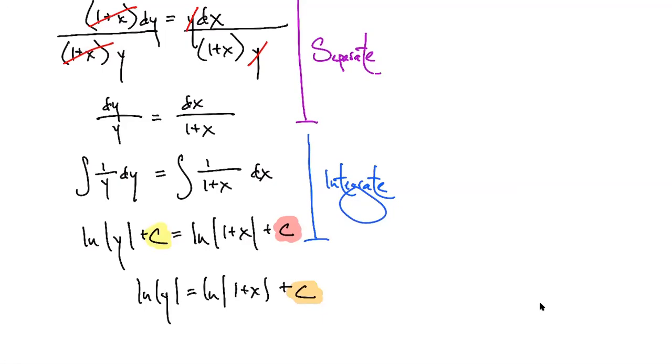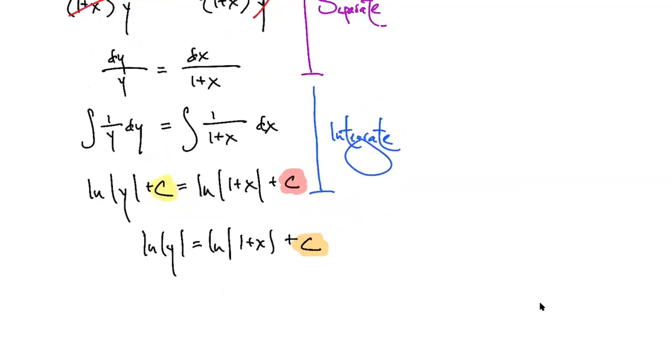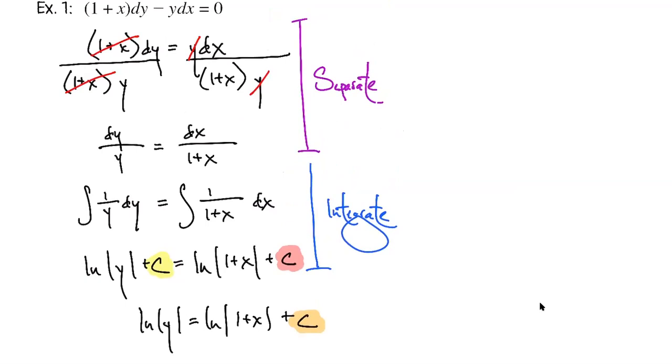And that's just the way we do that. All right, any questions so far on separating or integrating? So at the very end, we should always just put a c on the side where we have the x.